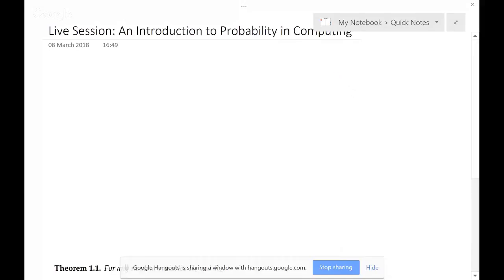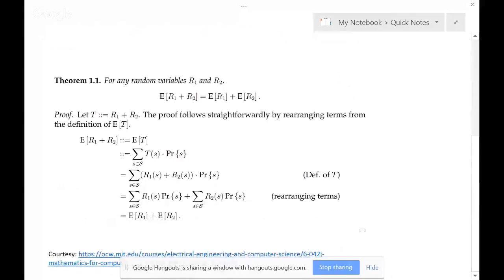So first things first. Last week there was a question on linearity of expectation. And the question was, can we have some intuition for the linearity of expectation? Without a device to write on and show something, it was a little bit difficult. But I thought I'll start by addressing this issue.